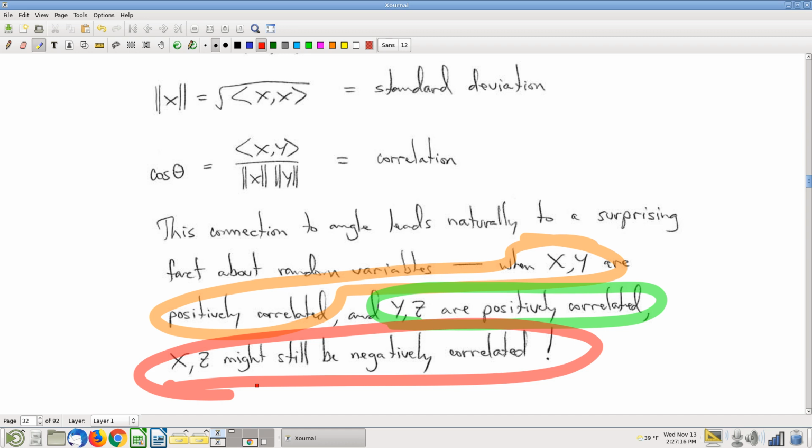If you're thinking about statistics from the point of view of examples like pebbles in a bucket, you're going to be limited. But let's remind ourselves that a positive correlation, all that really means is an acute angle.